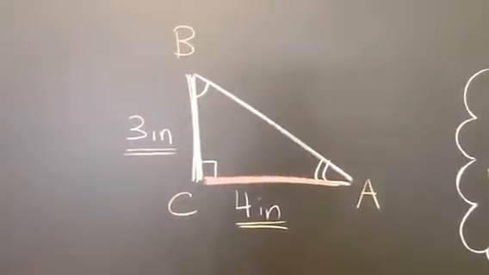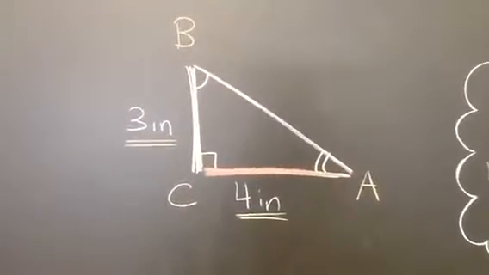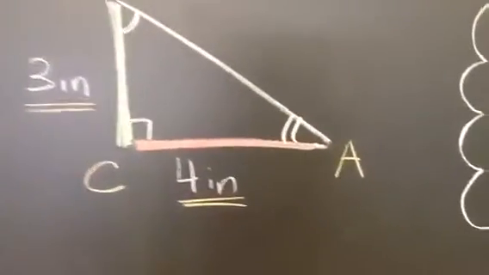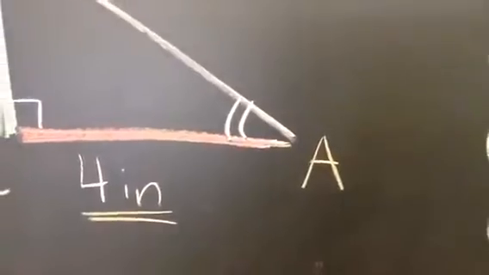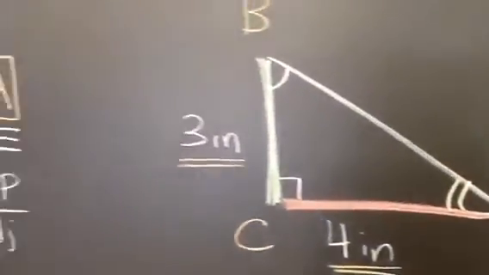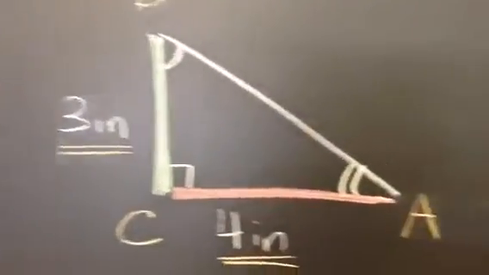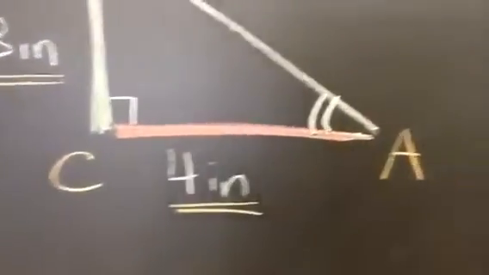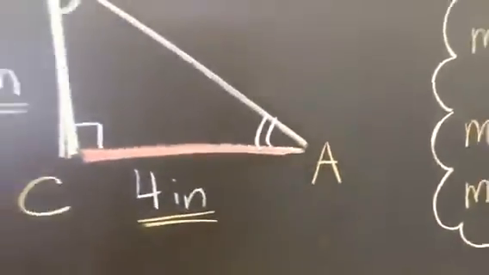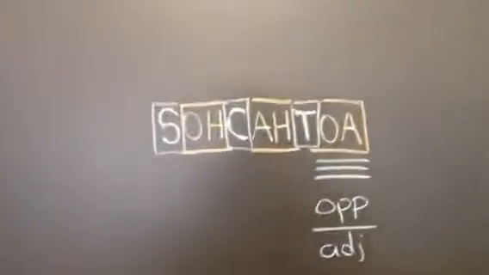So okay, how did I find that out? Well, first I concentrated on finding angle A. And I noticed that 3 inches is opposite angle A, and that 4 inches is adjacent to angle A. So I go back to SOHCAHTOA.